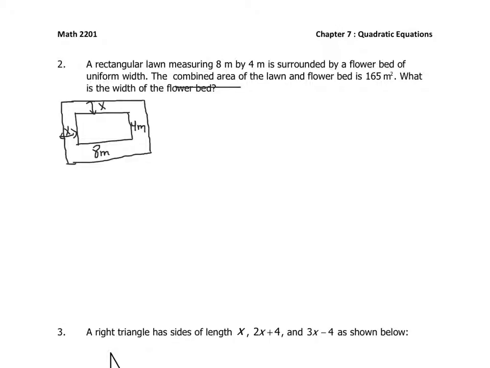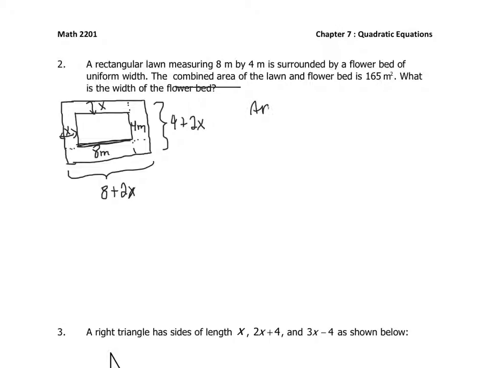So that would mean the total area of the outside rectangle. We'd want to find something to represent the dimensions of the outside rectangle. If this is 8, and I'm adding this little piece on and this little piece on the end, the whole length of the outside piece would be 8 plus 2 times whatever x is. Similarly, the width would be 4 plus an x on this end and an x on that end, giving a width of 4 plus 2x.